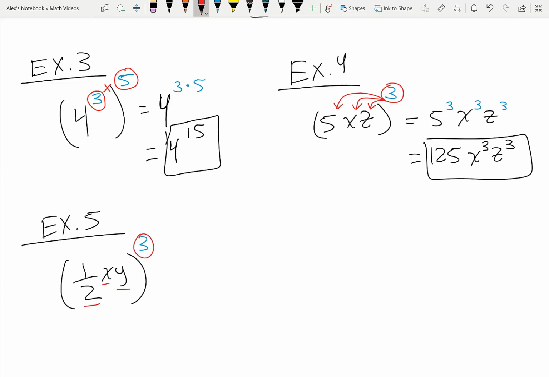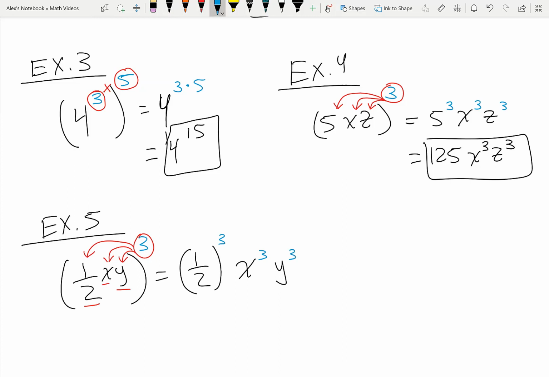So we know this exponent 3 has to be applied to every single thing inside the parentheses. That is the rule. You need to follow the rules. So we got 1/2 to the 3rd power, x to the 3rd power, and y to the 3rd power.